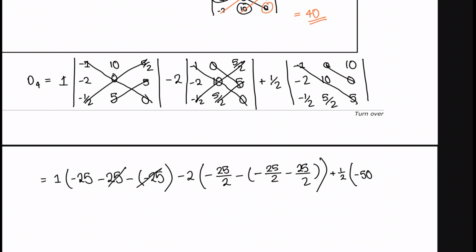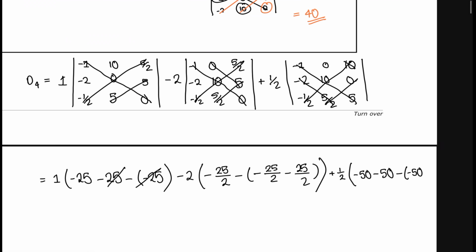This diagonal is just 0, and then this diagonal is going to be minus 50. Then we have this diagonal, which is going to be minus 50. This diagonal is just 0, and then this diagonal is also just 0. That times that times that.